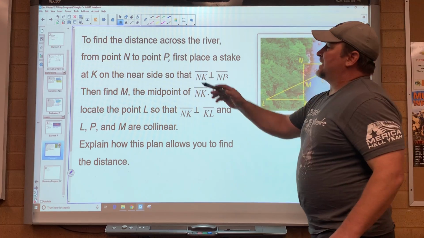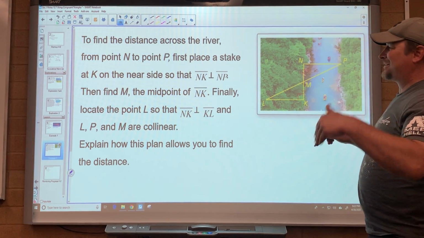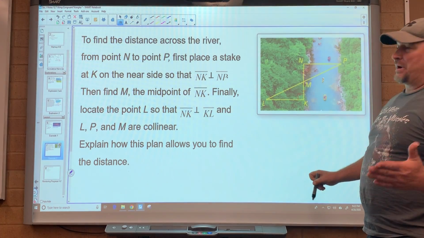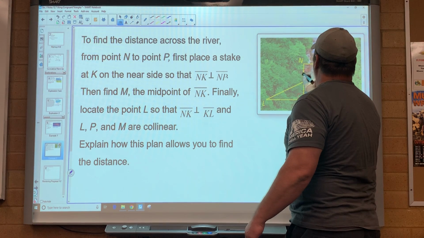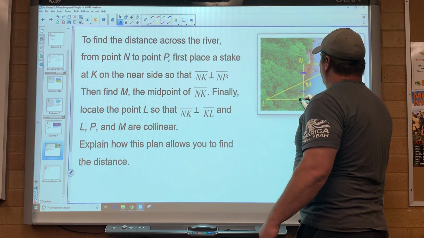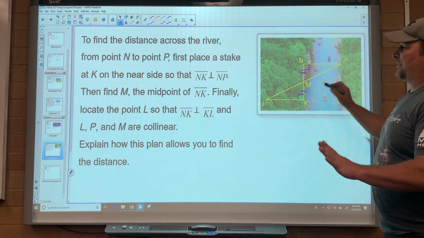Okay? Says then find point M, and make sure that it's directly in the middle. And if that's directly in the middle, we can put a mark here. So I'll do that with this blue mark so you can see it a little better in this. And then you can see the box is the 90. So far that's what they've told us.